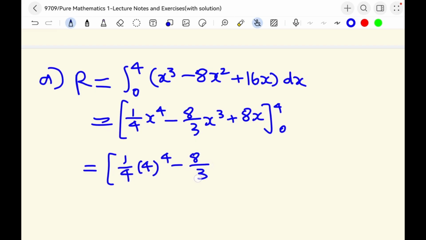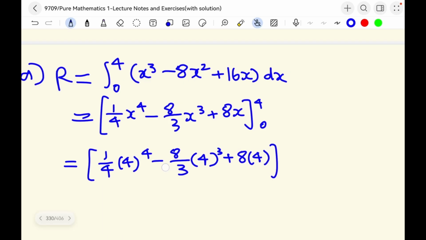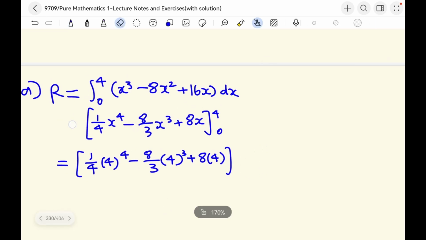For me, I will write the full workings for your understanding. And to save time, I don't write the zero boundary, because no matter how you substitute zero inside each function, every term has the variable x, so writing it inside the working becomes meaningless for me.